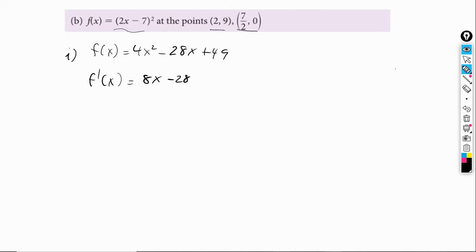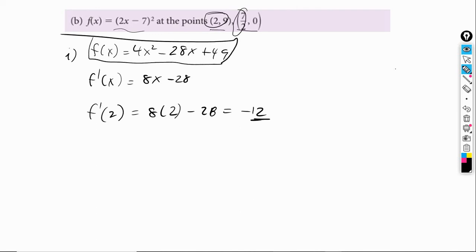All right, so once we have this, we can test what the gradients will be at these 2 points, at x equals 2 and at x equals 7/2. So let's test the gradient of f of x at x equals 2. That's going to be 8 times 2 minus 28. And this gives us -12. Therefore, the gradient at x equals 2 for this function should be -12.